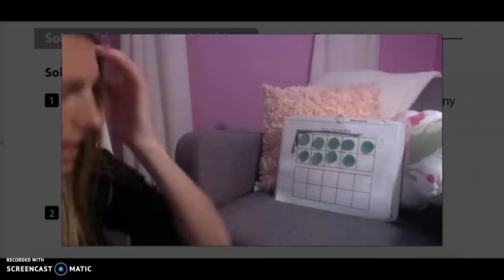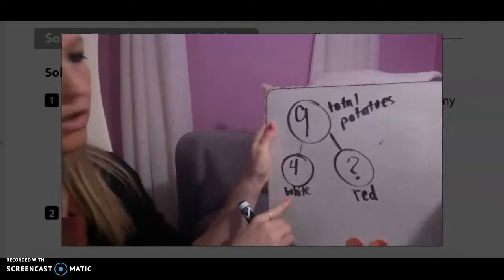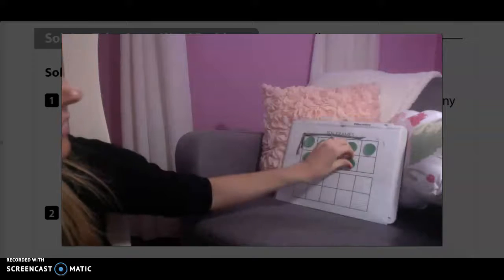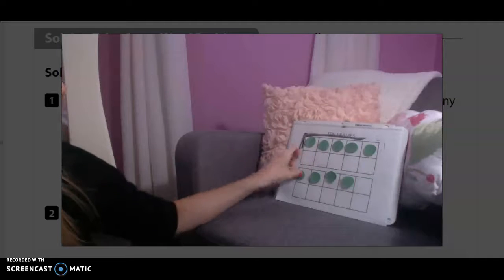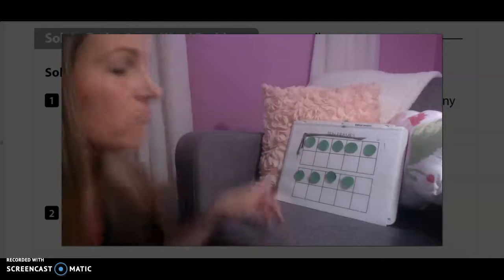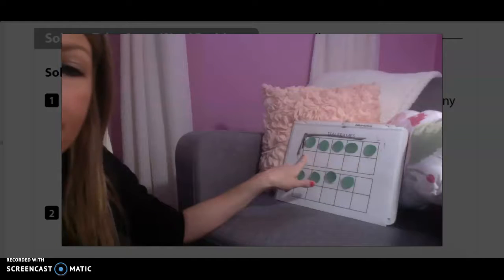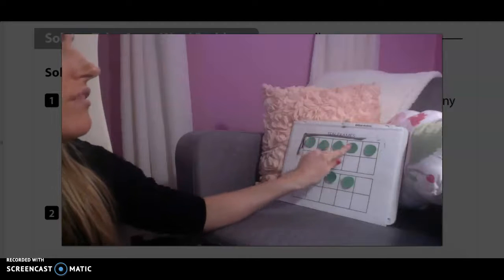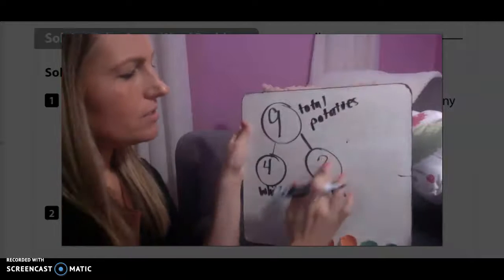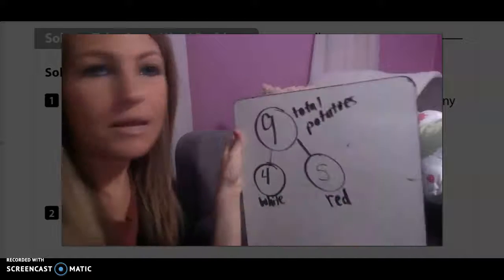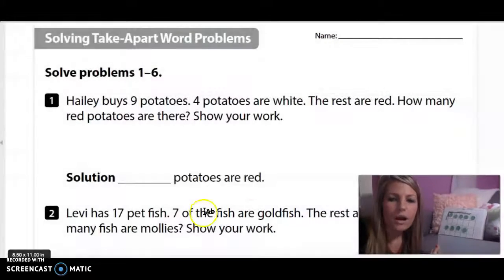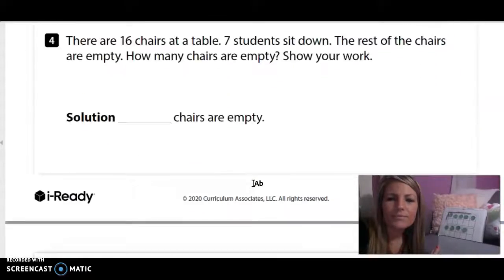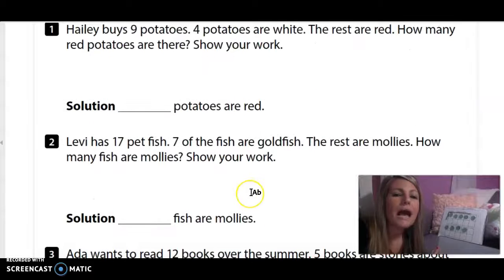Out of those 9 potatoes, 4 of them are white. 1, 2, 3, 4. The rest are red. So how many red potatoes are there? There are 1, 2, 3, 4, and 5. So there are 5 red potatoes. So for number 1, on page number 6, you'll put 5 red potatoes.